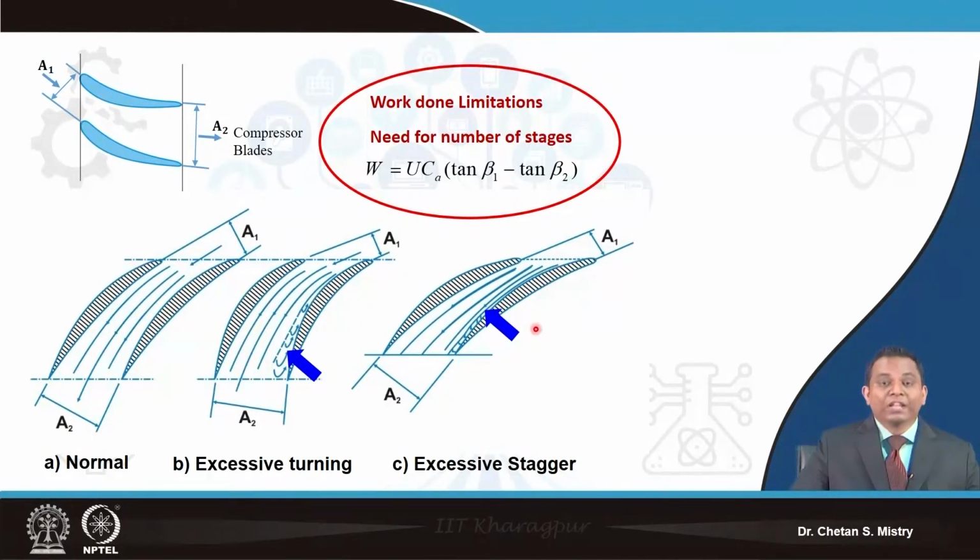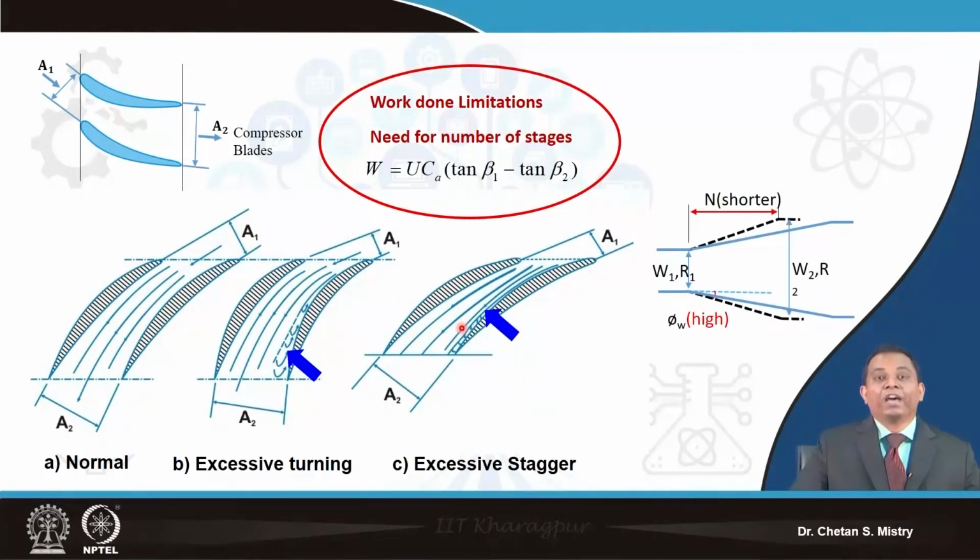By doing this, we are able to increase the length of my stage. Okay, so this is also one of the ways, but it also gives me separation of my flow on my suction surface. So as I was saying, we are always correlating our fundamentals with the fundamentals of the diffuser.